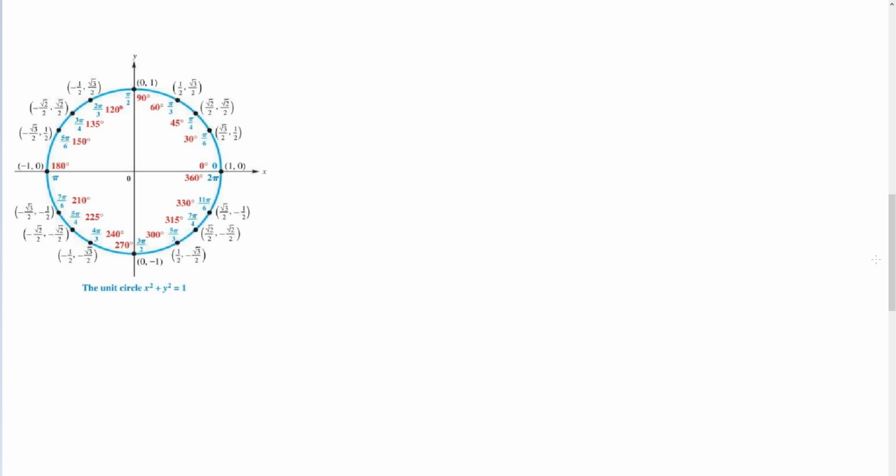Among those angles, I chose special angles, this one. Now let's say I want to look at cosine of 5 pi over 6. 5 pi over 6 is in quadrant 2, so you're looking at this point right here: the point negative square root 3 over 2, 1 over 2.